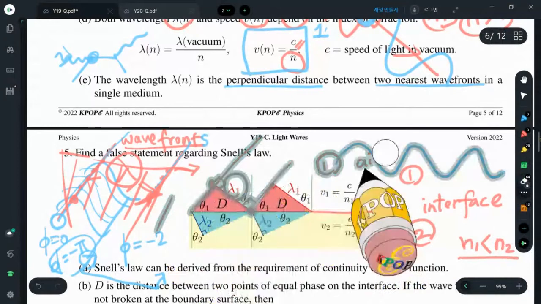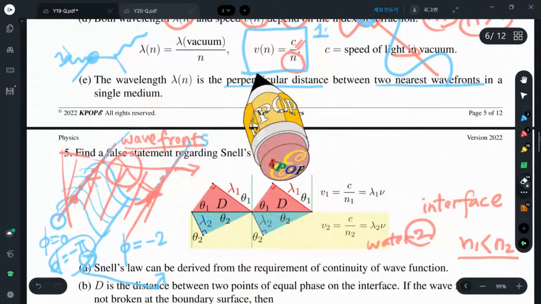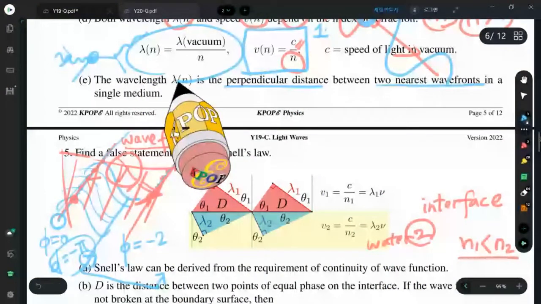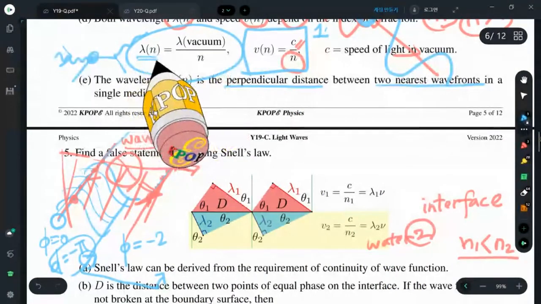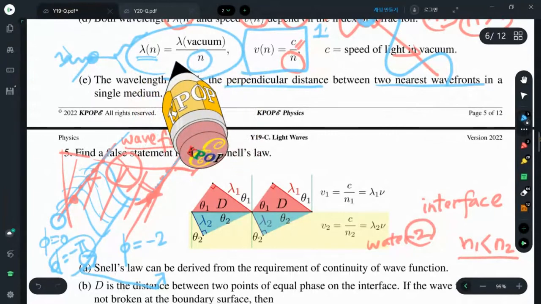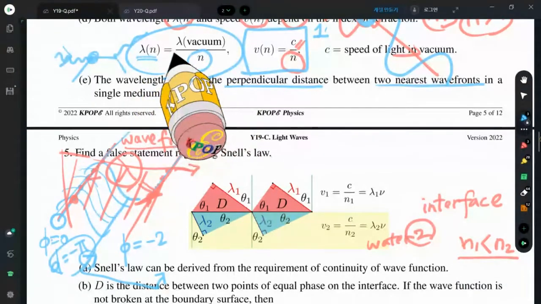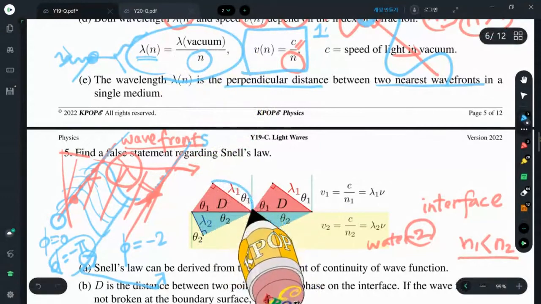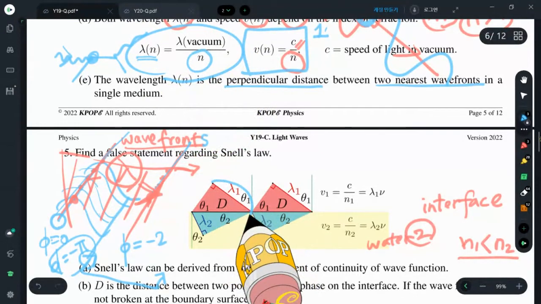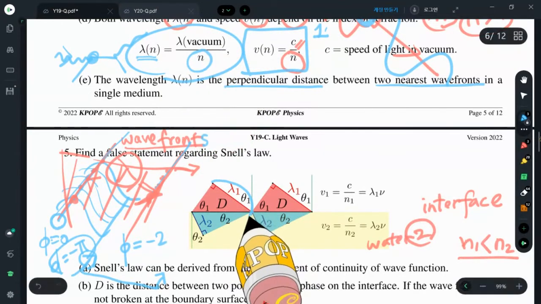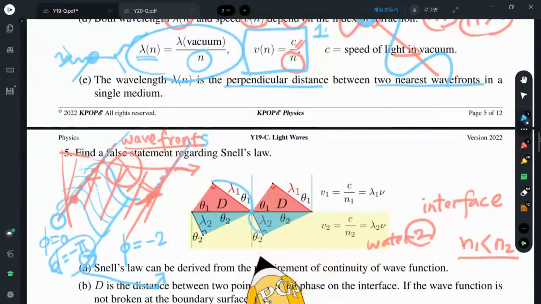In that case, because of this formula, the wavelength in a medium with a greater index of refraction decreases. So this lambda 1 must be greater than lambda 2 in a denser medium.